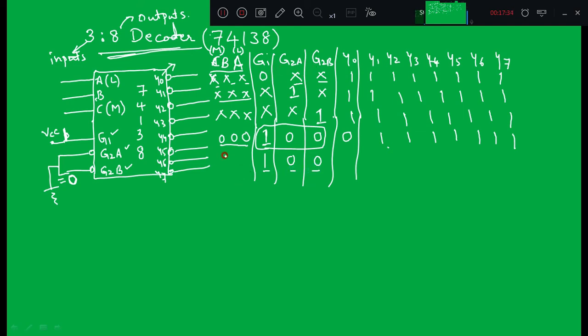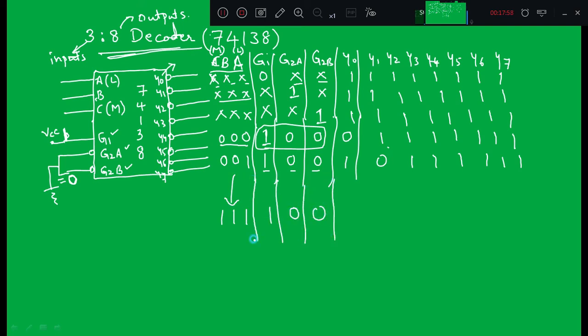Okay, next let us say the next input is 0 0 1, that means Y1 will become 0 and the rest will all become high, right? So please continue this truth table and complete it. You write till 1 1 1, and these enable pins will remain 1 0 0.